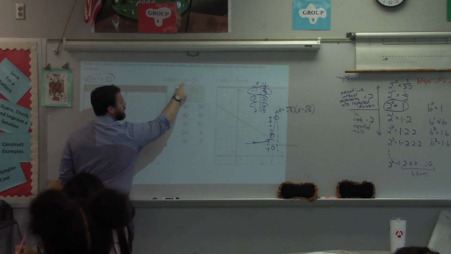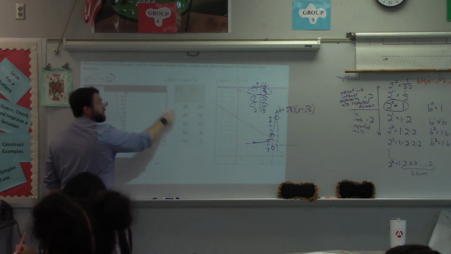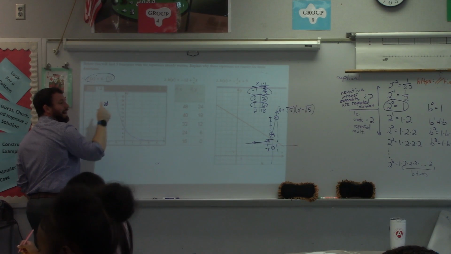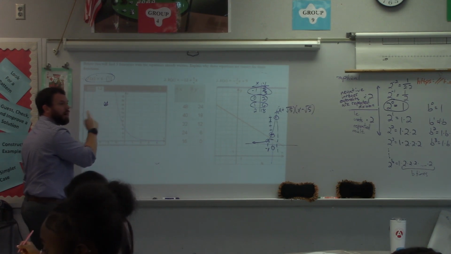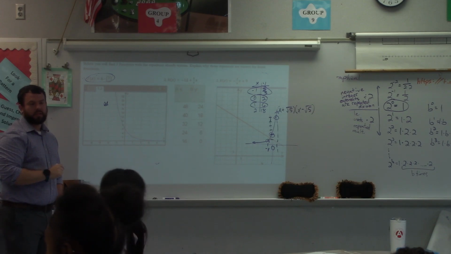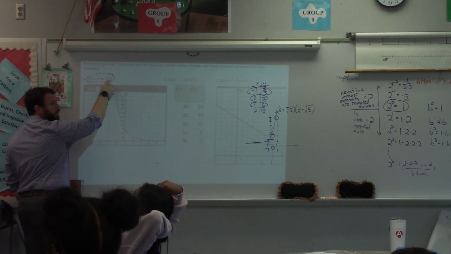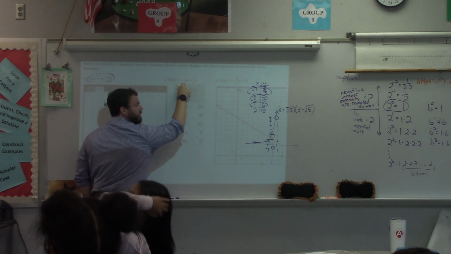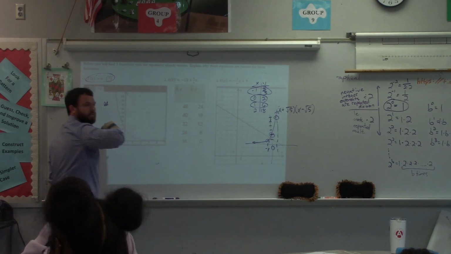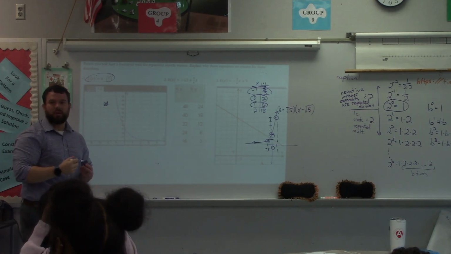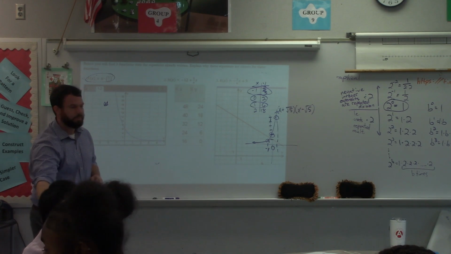Why is this equation correct based on this table? I need you to find out why those equations are correct. Why is this a 6? Why is this a 1/3? Why is this a -12? Why is this a 3/4? So 7 minutes, let's get up to our vertical surfaces and let's start working on that.